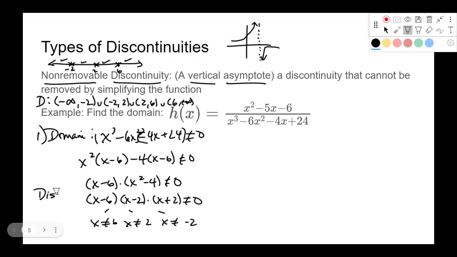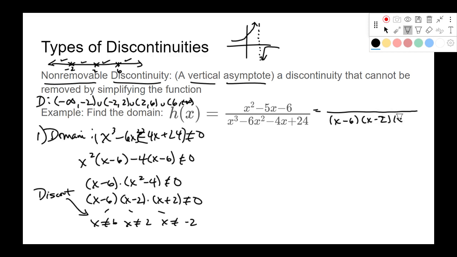Now I want to classify them. I want to know if they're removable or non-removable. So I'm going to go back to my original function and try to factor the numerator. The denominator is already factored, so I'm just going to write that down. I did that to find the domain, right?